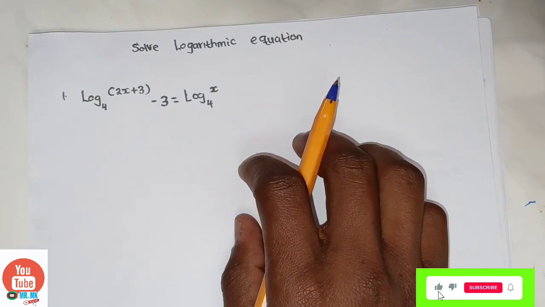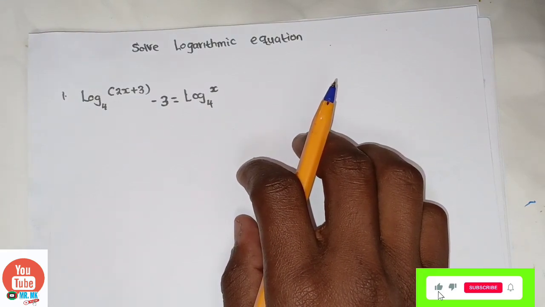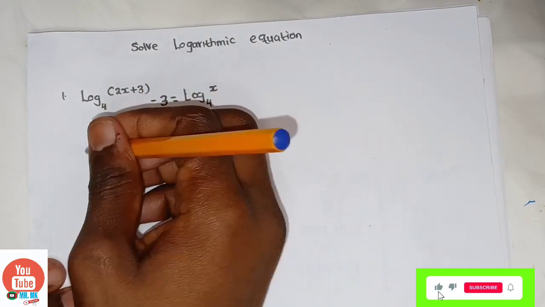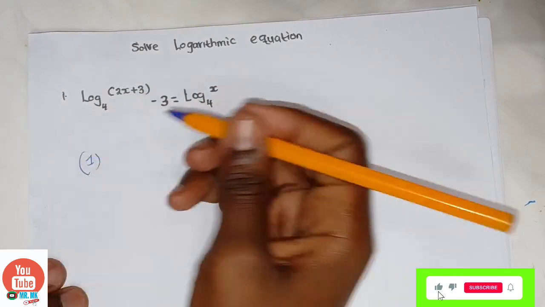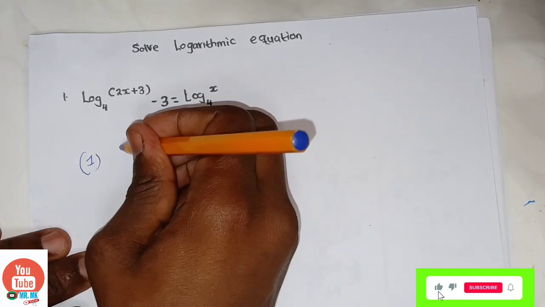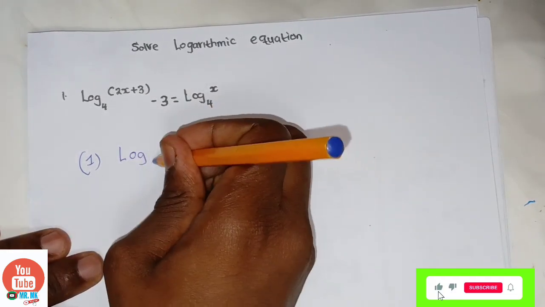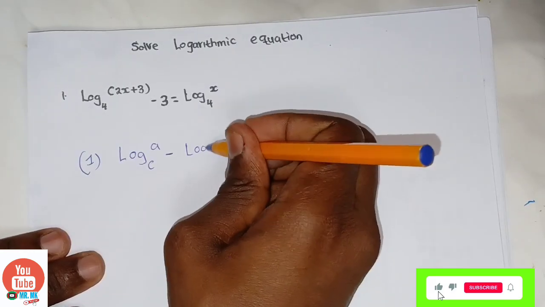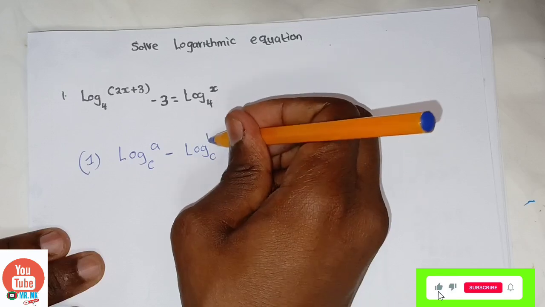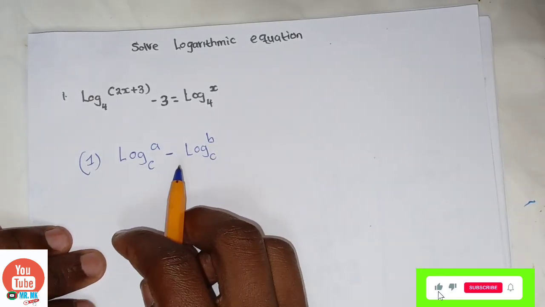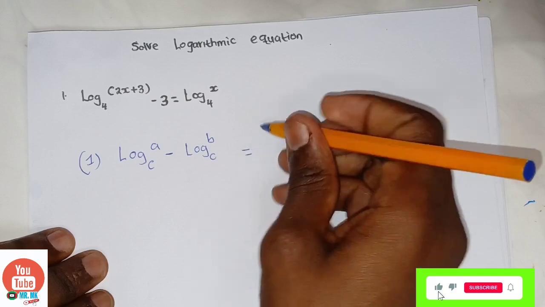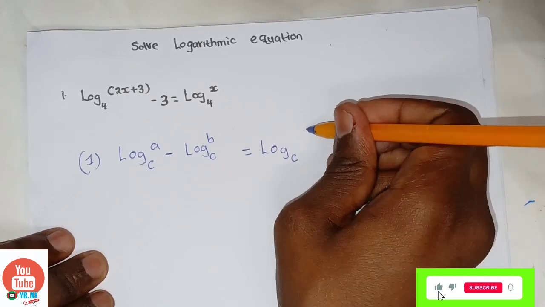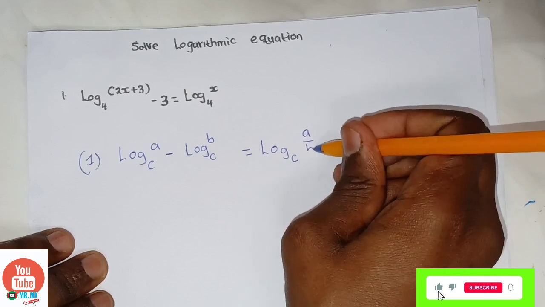Before you do this, you need to understand these two properties. The first property says that when you have log c a minus log c b, it is just like log c of a over b.